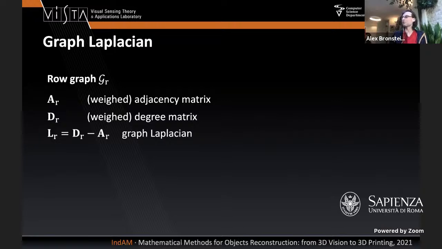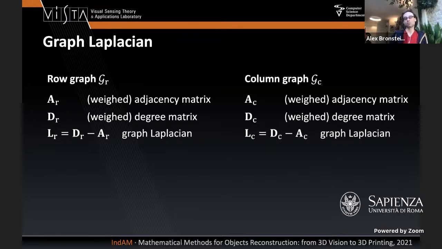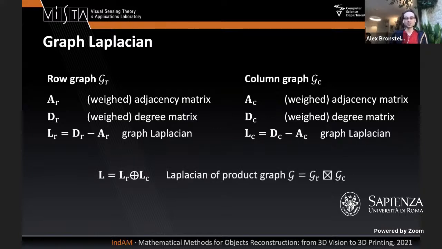And there are many other ways to define meaningful Laplacians on a graph. This is the simplest one. I will do the same for the column graph. Okay, so just the subindex R and C will distinguish between the two graphs. The Laplacian of the product will be just the Kronecker sum of the two Laplacians. This is a nice separability property because the product graph is also separable. So the Laplacian will assume this nice separable structure.